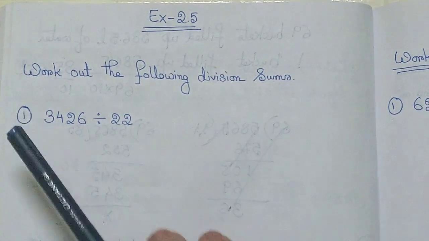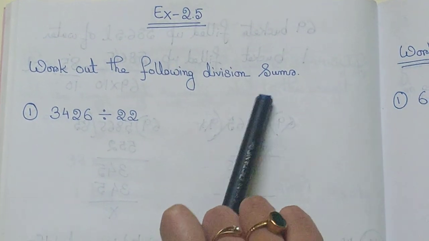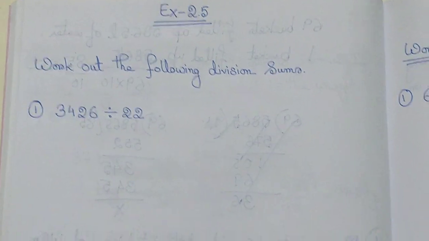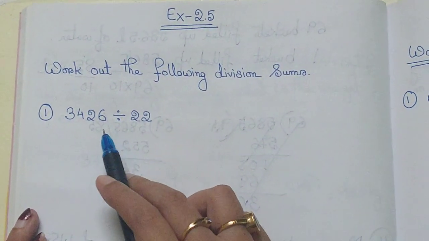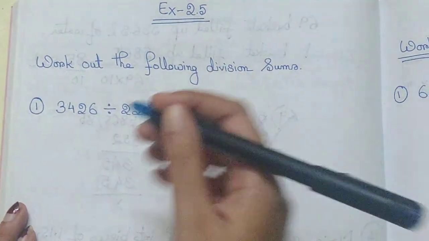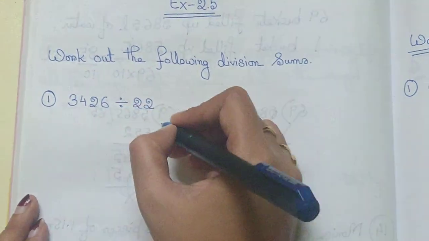Exercise 2.5, work out the following division sums. We are going to solve sum number 1. 3426 divided by 22.